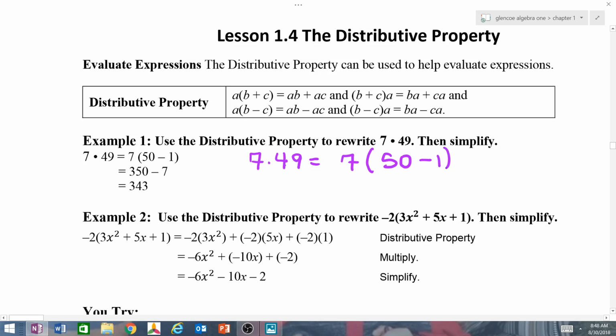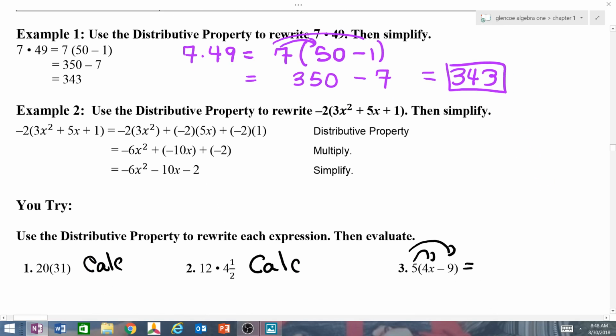The reason we chose 50 is because we all know that 7 times 50 is 350, and it's much easier if we were doing this as mental math or without a calculator. So it would be 7 times 50, which is 350, minus 7 times 1, and our final answer would be 343.